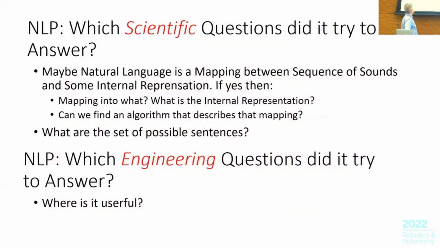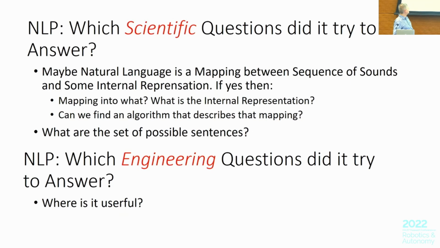So natural language processing, which questions did it try to answer? I break scientific questions into two parts. Natural language is a mapping between what you see, the sounds or the written words, and something. And the question is, what is that something that you map into?